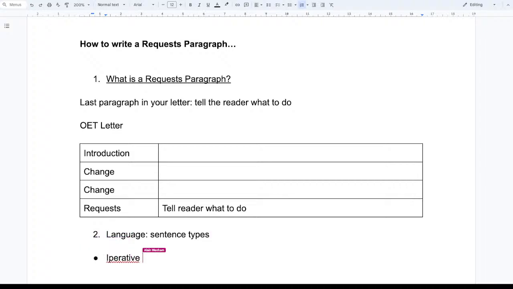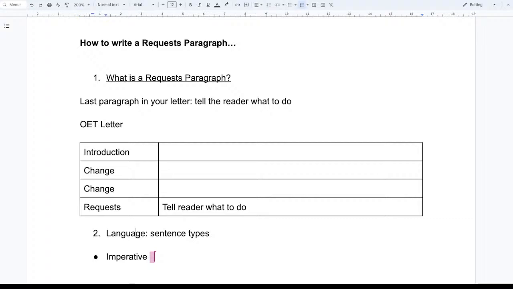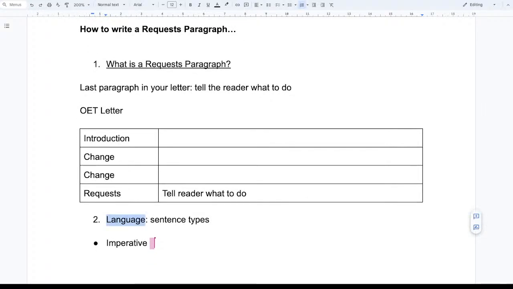And again, forgive my typing today, bad typing here. First thing you're going to do is write imperatives. What is an imperative? So again, if you're watching on Facebook or YouTube, can you tell me what is an imperative? Maybe you can let me know here. What is an imperative? Let us know.